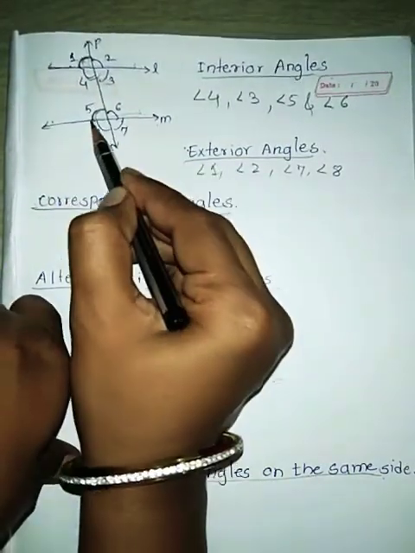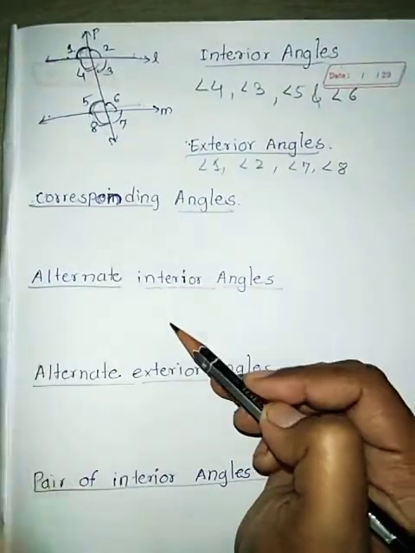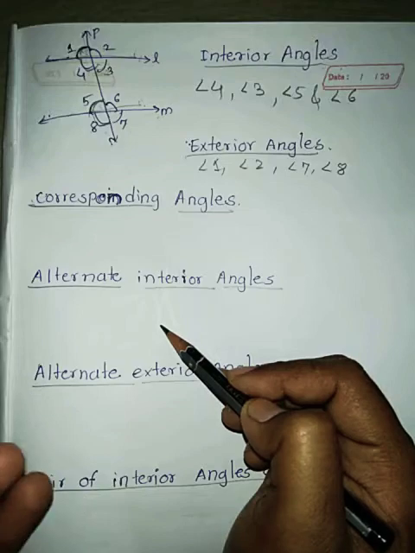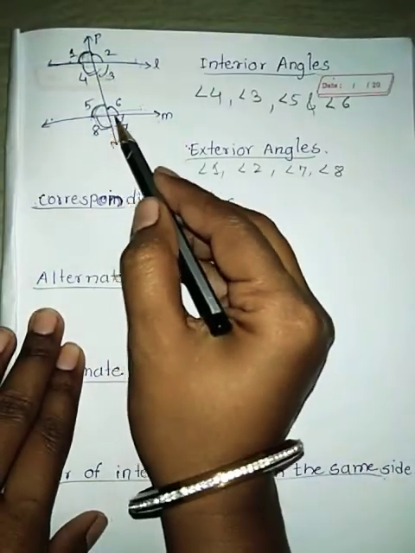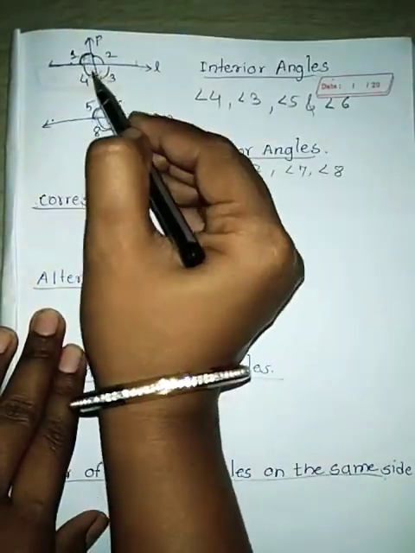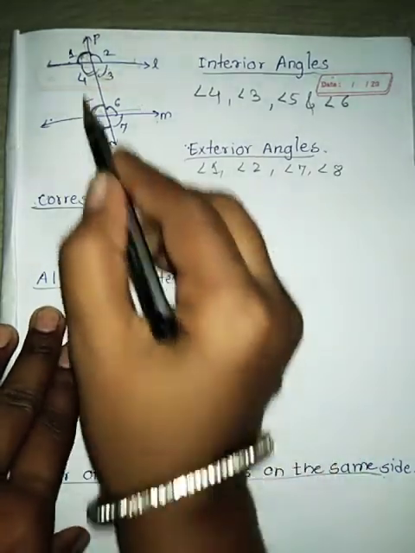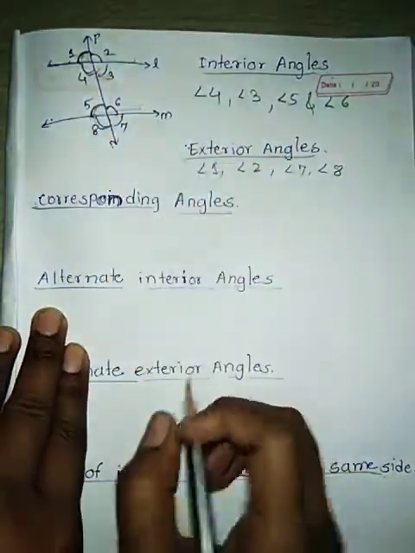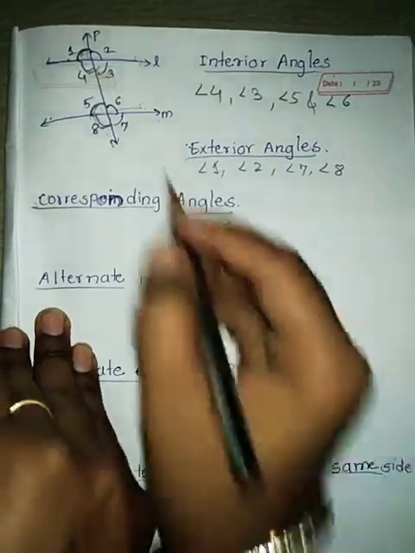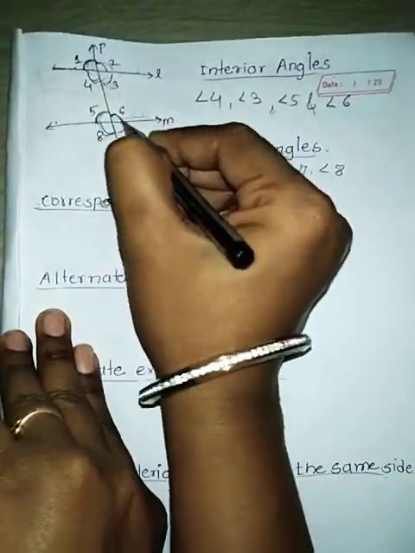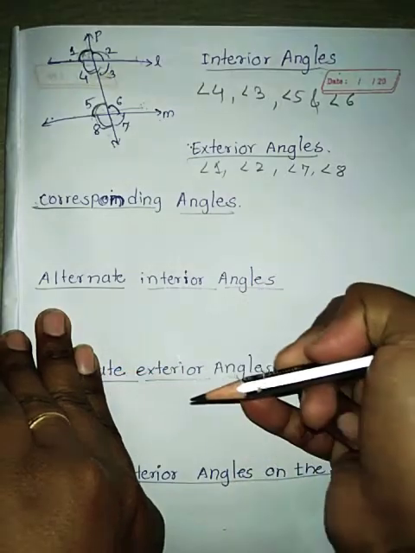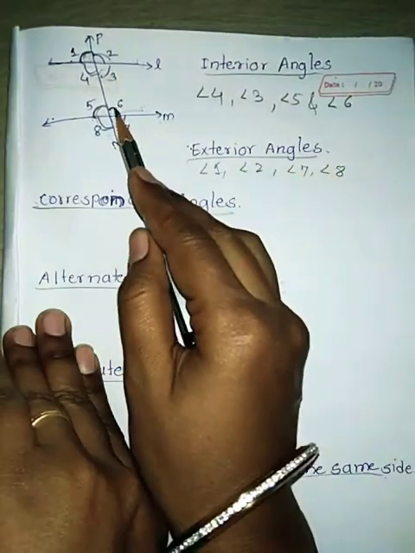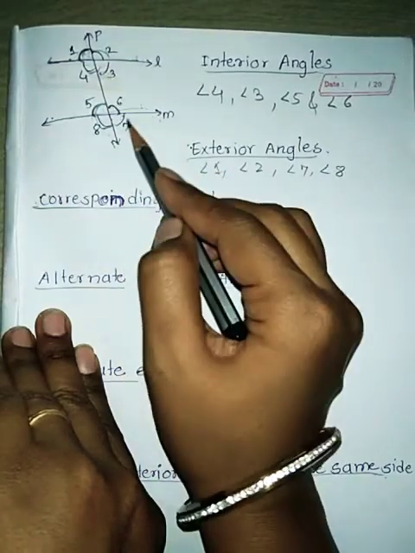Now downside angle on the left side. They should be on the same side, and if it is downside, then it is downside only. So 4 and 8 are corresponding angles. Here upside and right side, upside and right side, are also corresponding angles: 2 and 6, and 3 and 7.